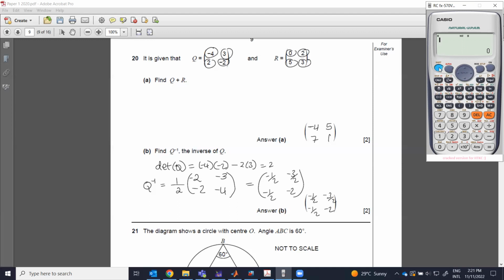Just check matrix B again. Okay, let's see what I did wrong.